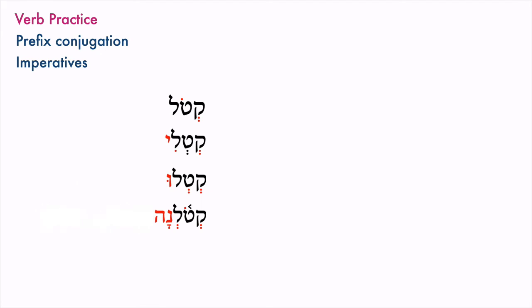And now, instead of you will kill in the various singular and plural forms, we have the command kill, which is to say that ktol is a command spoken to one person. Ktol, you would say to a masculine you. And ktolna would be spoken to a feminine plural, y'all, kill. So all we did to make the command was we stripped off the preformative. Easy as it could possibly be, right?